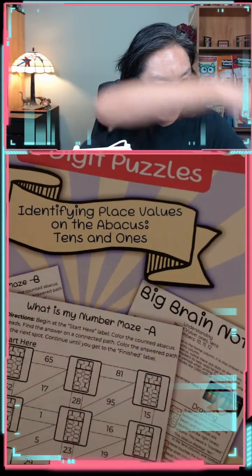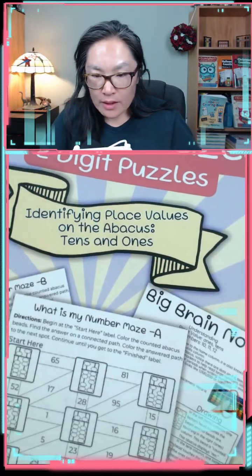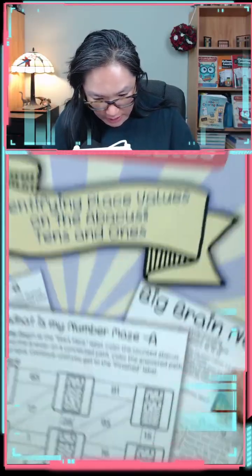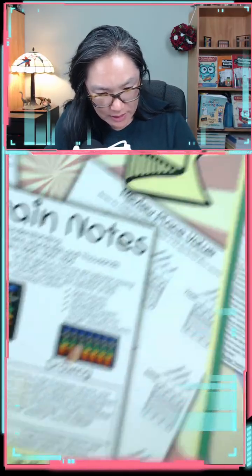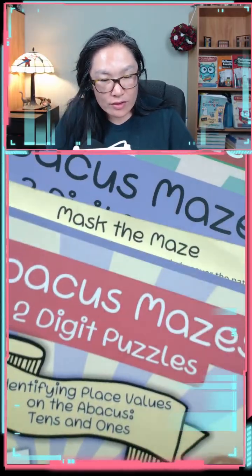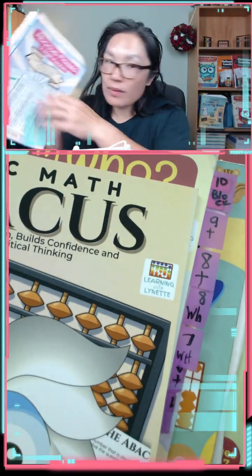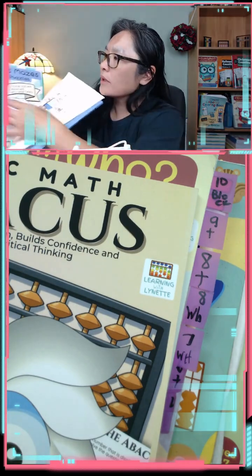So, these are all the books that I've created. I was trying to make it entertaining as well as fun, because I didn't want the kids to be bored. So this one has 3 sets of mazes: a 2-digit maze, a 3-digit maze, and a 4-digit maze.